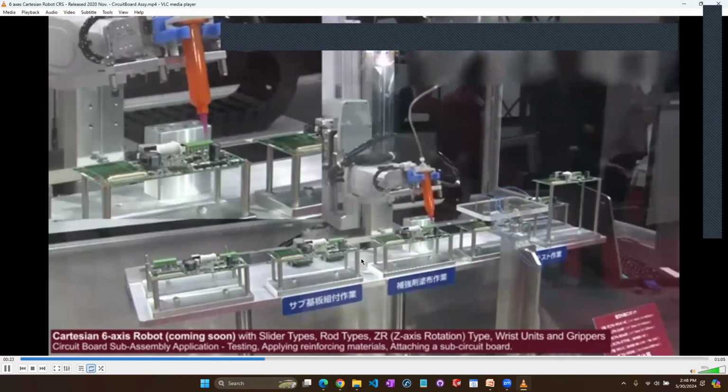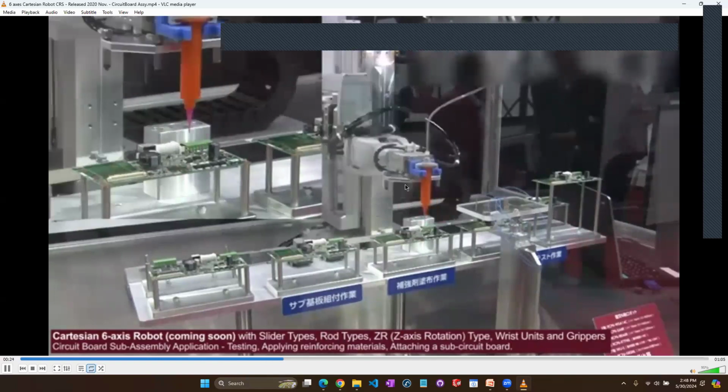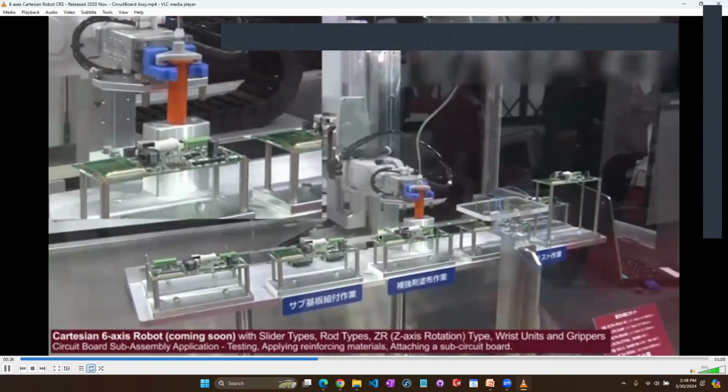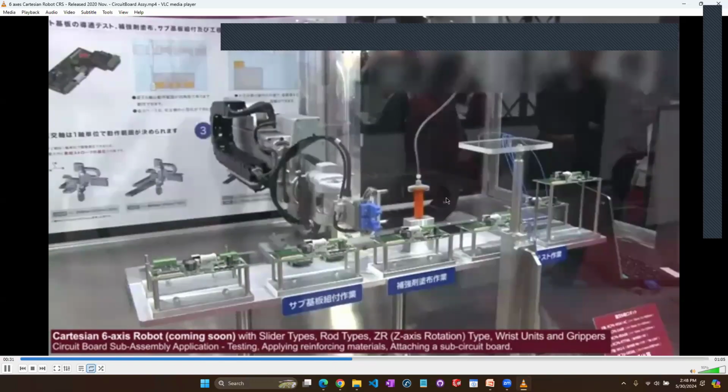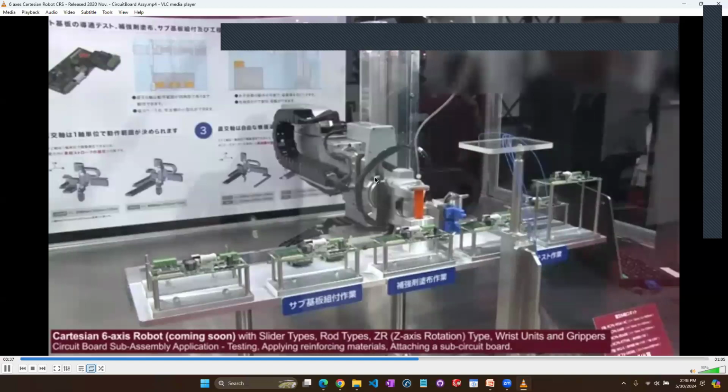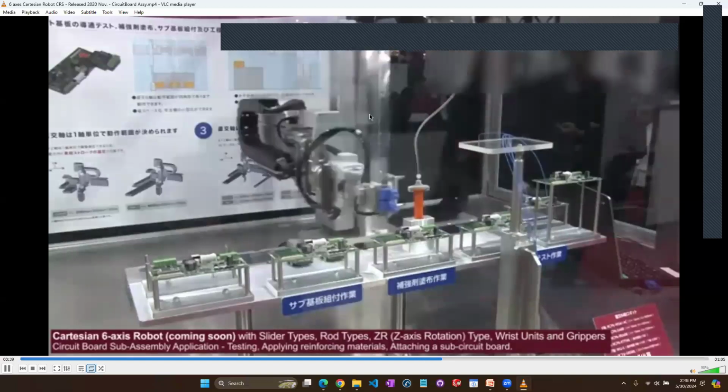But still, you can see that the working envelope is much less. However, due to the 6 degrees of freedom, it can manipulate the tools that it's using in all 6 required axes.